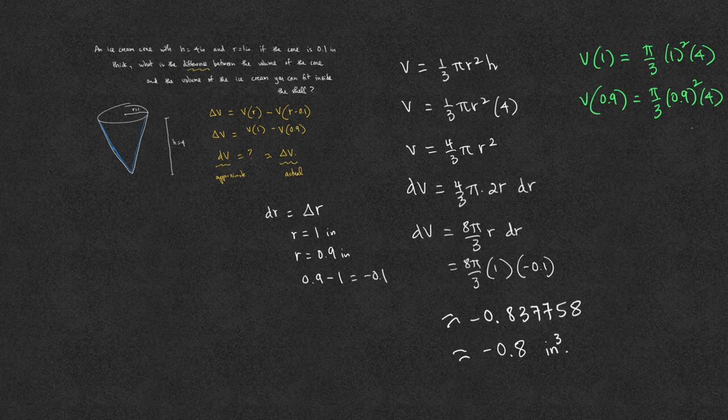The difference between these two is 0.7958, which is roughly 0.8. The magnitude of the difference is the same, 0.8. And so even though this is a dV, which is not the actual delta V, it is close.